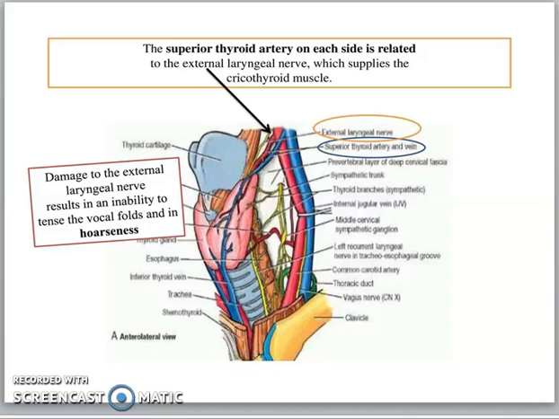So during operation, the external laryngeal nerve should be watched out for, because it relates closely to the superior thyroid artery, and it should be taken care of. It should be avoided by all means, not to be severed.